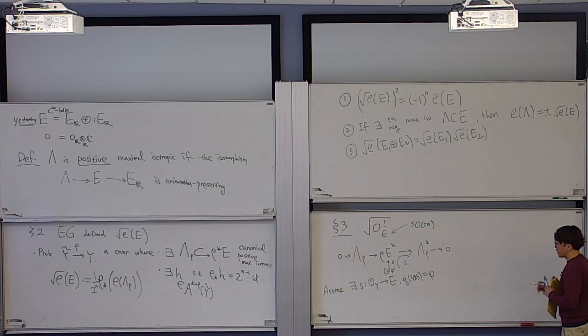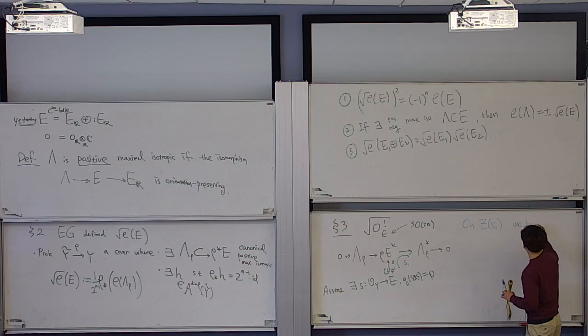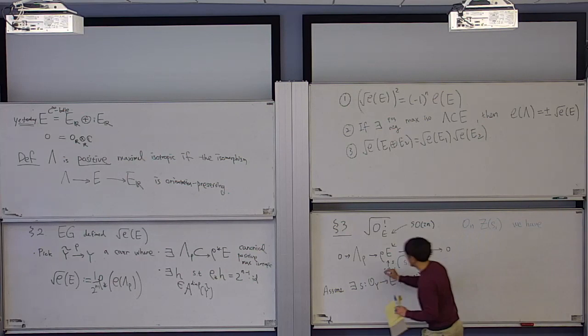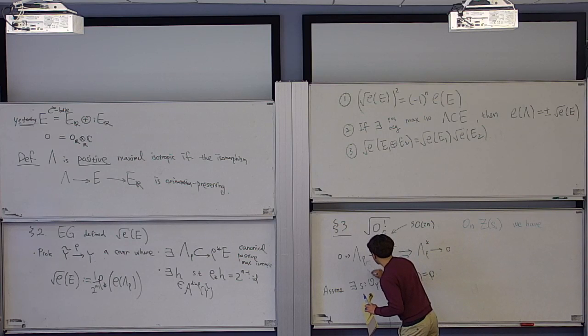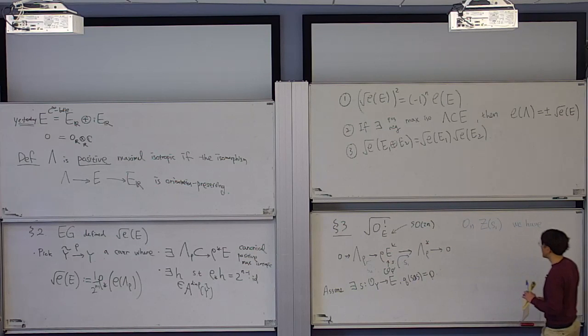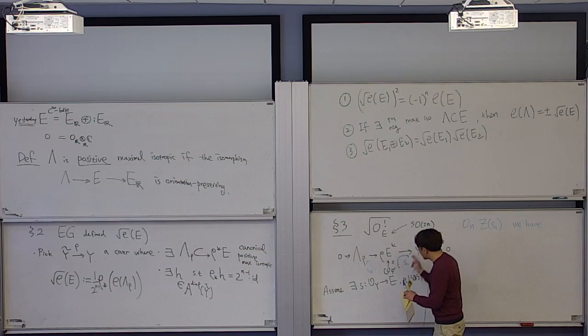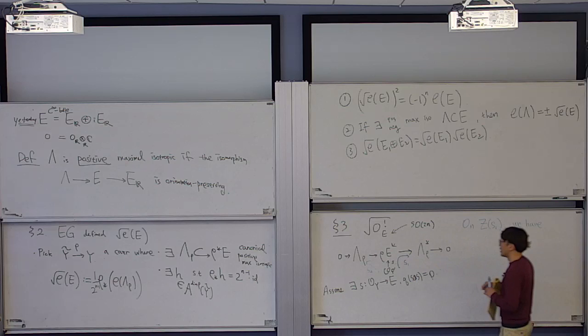And on the zero locus of S1, we have this S2. S2 may not exist where S1 is not 0, but where this is 0, we have this.